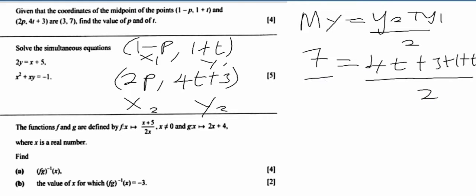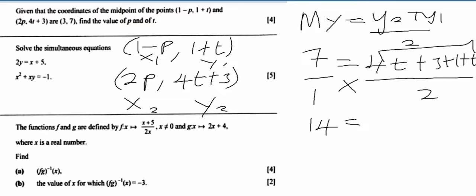Then from there now we are going to balance this one by 1, then cross multiply. So 2 multiplied by 7, we are going to get 14 being equal to. So we can see that for t and t, these two are like terms, and also 3 and 1, these two are like terms. So 3 plus 1, we are going to get 4.